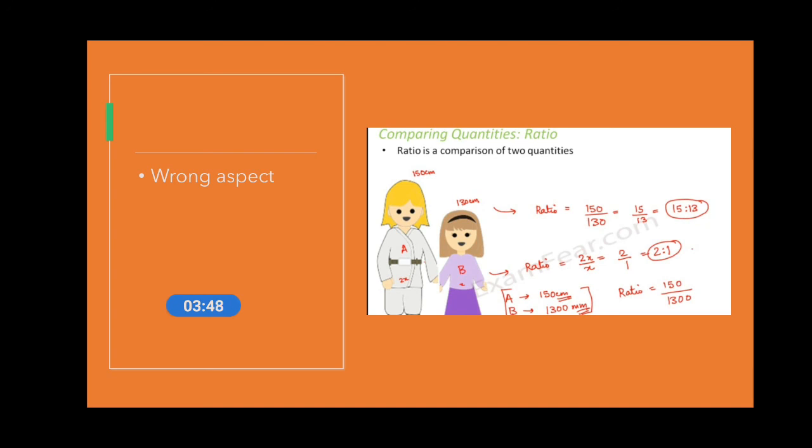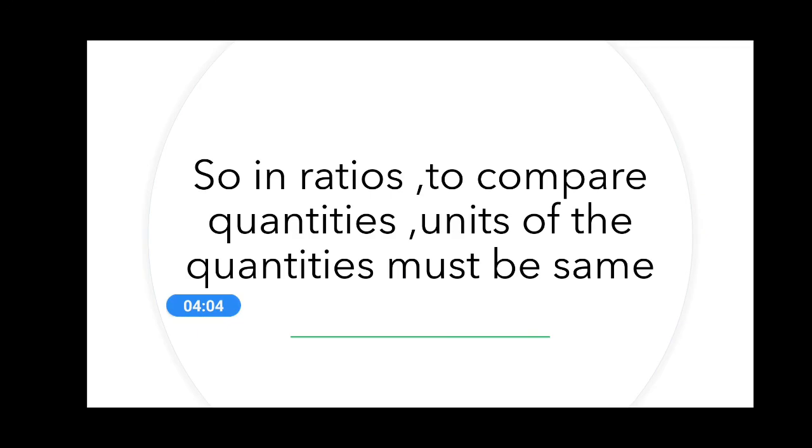That is the wrong way to calculate ratio, because if one person is having 2x and the other is having x, then the ratio will be 2:1. That means the ratio can be calculated only when both the quantities have the same unit.